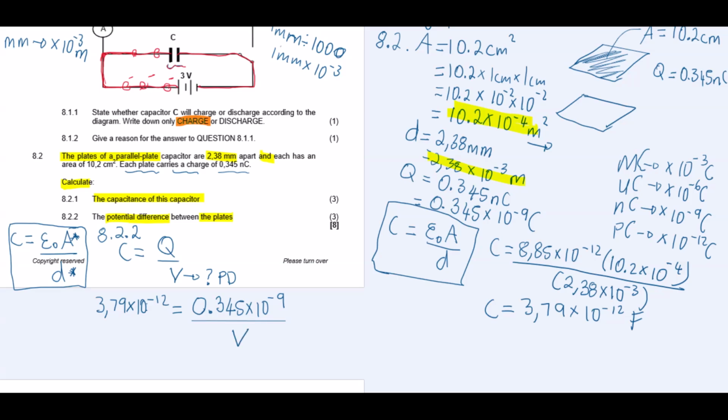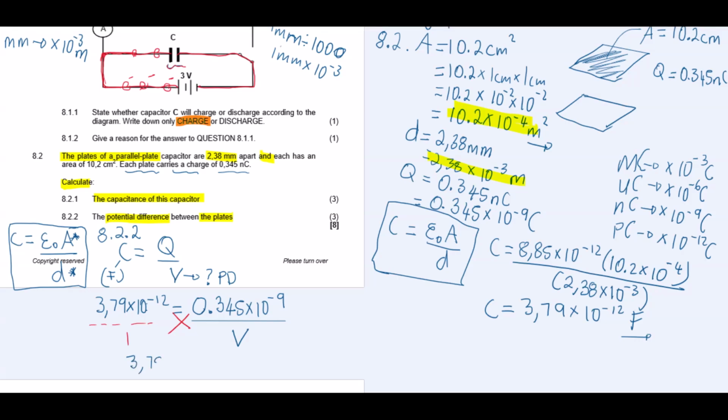To calculate the potential difference, we make sure that the SI units are correct before we substitute. The capacitance should always be in farad, capital letter F, and I've calculated my capacitance in F. The charge is in coulombs, C. It means that the voltage we're going to calculate is in V, the potential difference. Now, to continue with this question, we put it over 1 and do the cross multiplication.